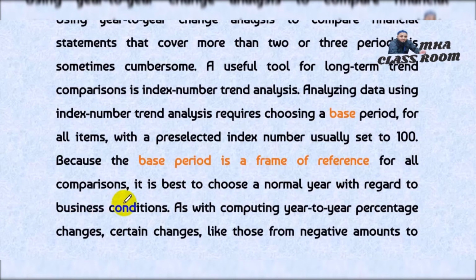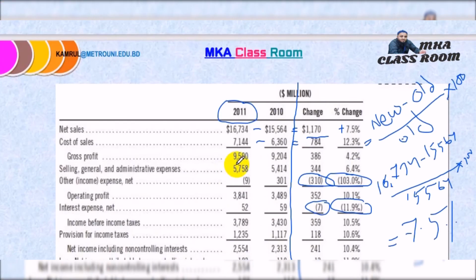So index number is also another type of analysis. Here you have to take a base period for your comparisons. In the previous examples, if there is the 2012 period data, you can take the 2010 as a base period. Then that is the old data, and that is the new data.